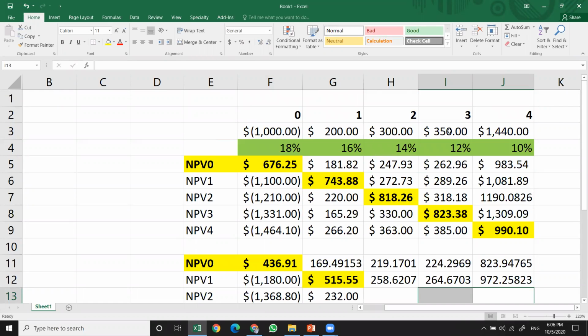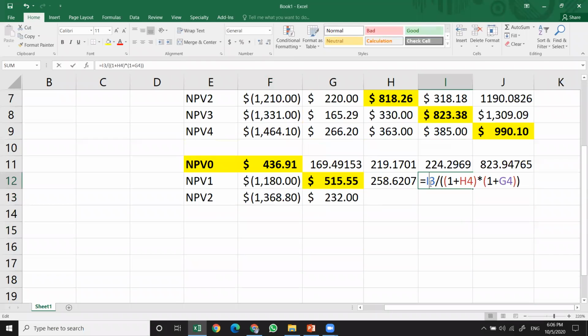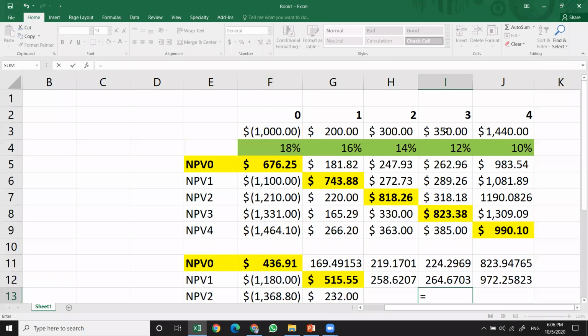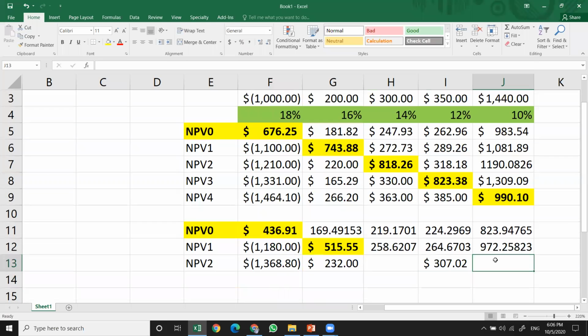So when I bring this 350, it should pass just 1, so 350 divided by 1.14, and 1,400 divided by 1.12 times 1.14.